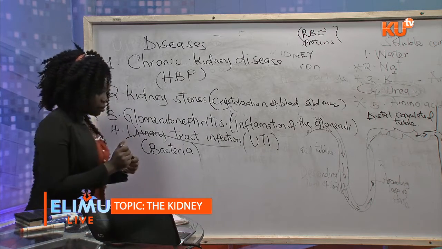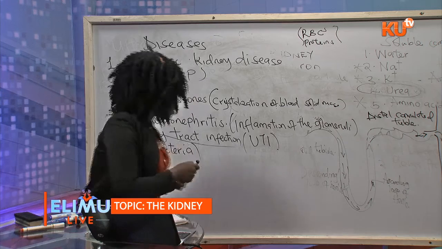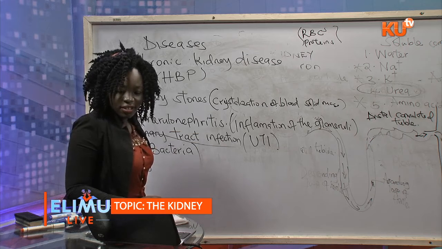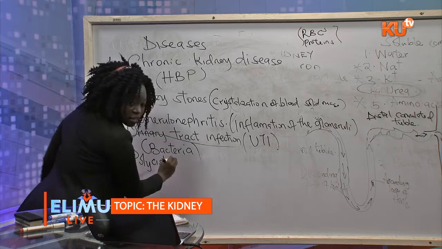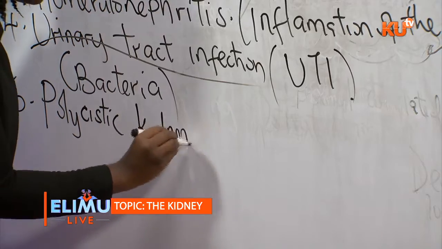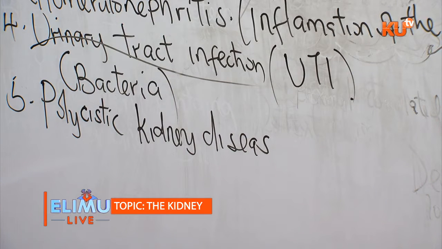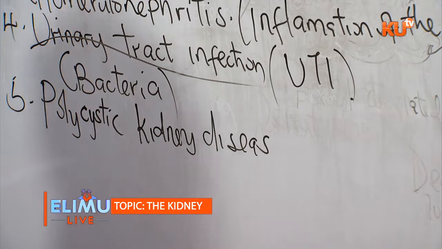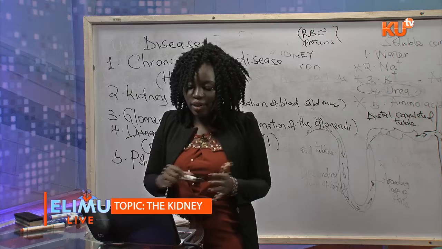They are not just 5, there are more, but I'm just giving you 5 of them. The last one is polycystic kidney disease. Polycystic kidney disease is a genetic disorder that causes numerous cysts.